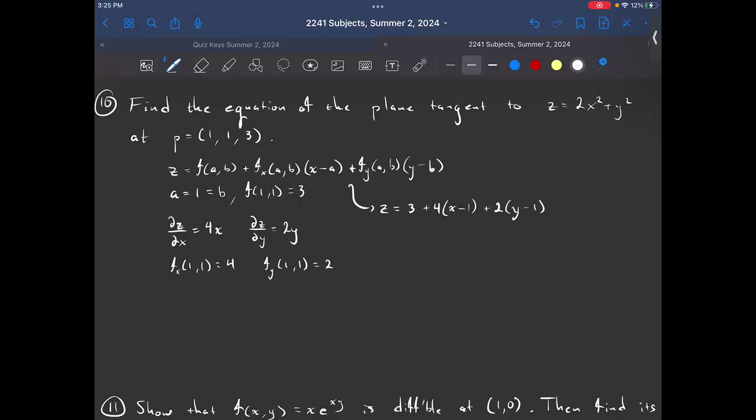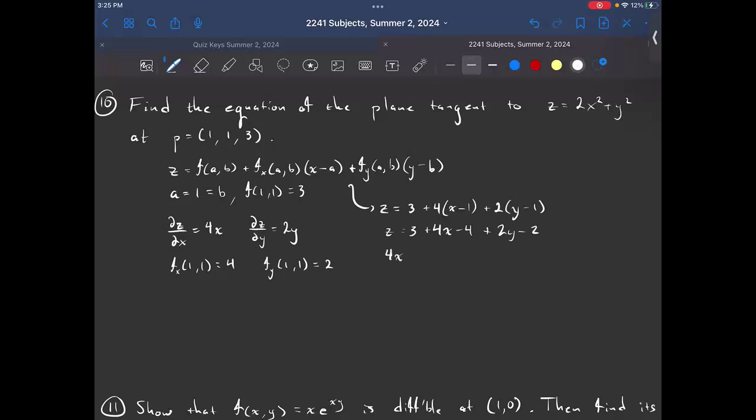And if we wanted to simplify that to the standard equation for a plane, we would write 4x minus 4 plus 2y minus 2, and bring everything with a variable to one side.